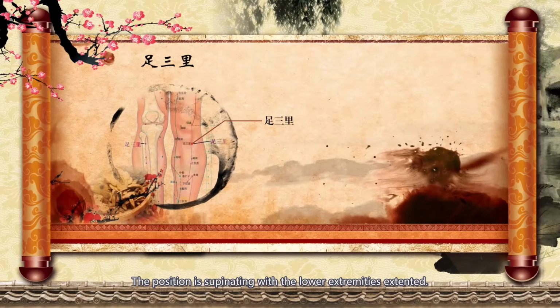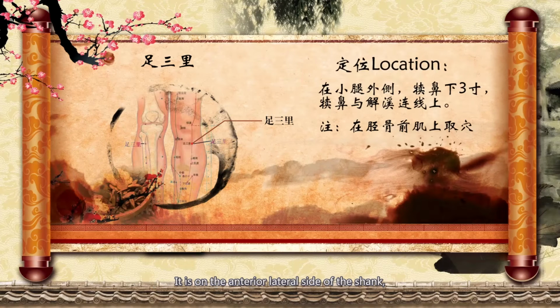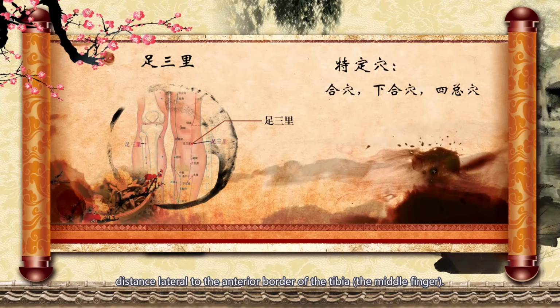The patient is supine with the lower extremities extended. It is on the anterolateral side of the shank, 3 cun below 犊鼻, one horizontally placed finger distance lateral to the anterior border of the tibia. It is the He point, earth point, and one of the 4 common points.